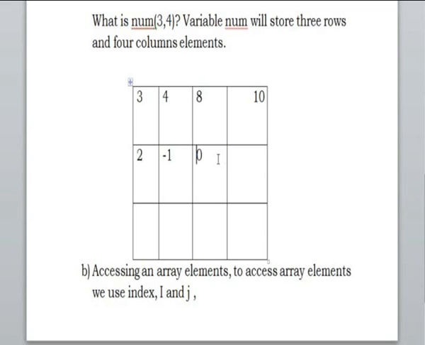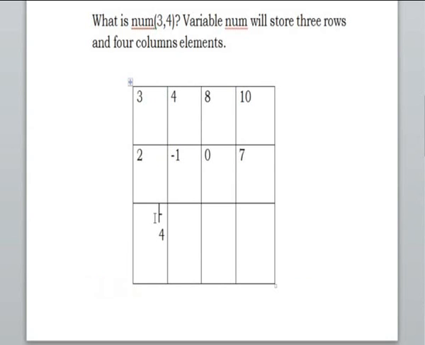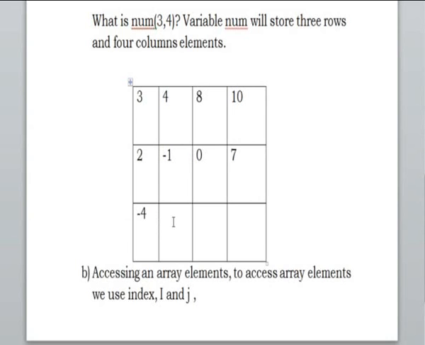Remember, those are the elements of an array. This one I can put 7, minus 4, 9, 1, and here we can put 2.